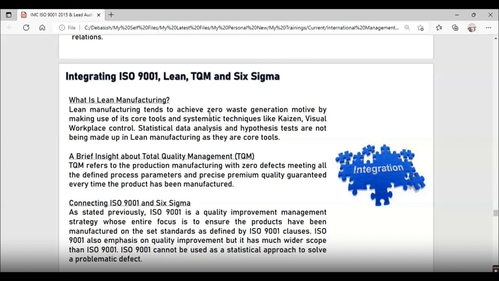This we have discussed many times in our sessions. ISO 9001 also emphasizes quality improvement, but it has a much wider scope than Six Sigma. ISO 9001 cannot be used as a statistical approach to solve a problematic defect.